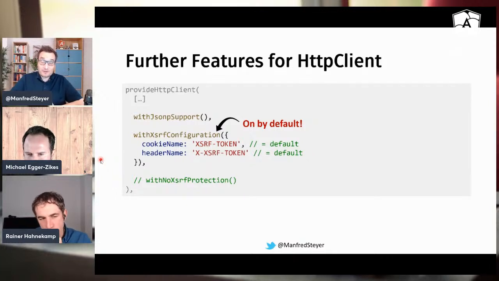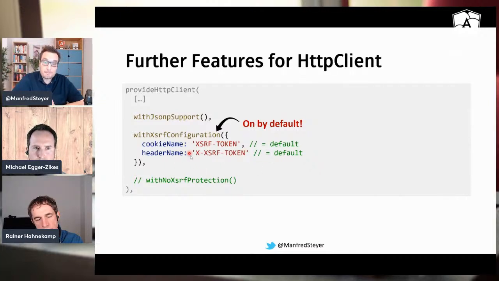But by default, the HTTP client is always looking for a cookie like this, a cookie with this name, and its content is always sent back to the backend using this HTTP header. This happens by default, but if you want to switch out the names of those cookies and headers, you can use this function here.